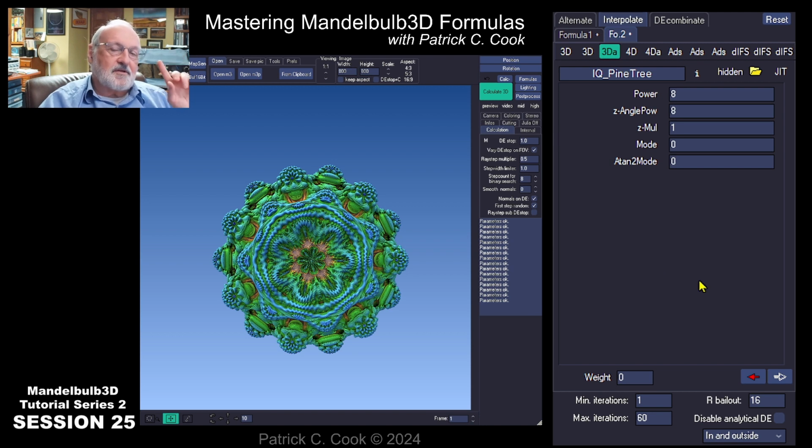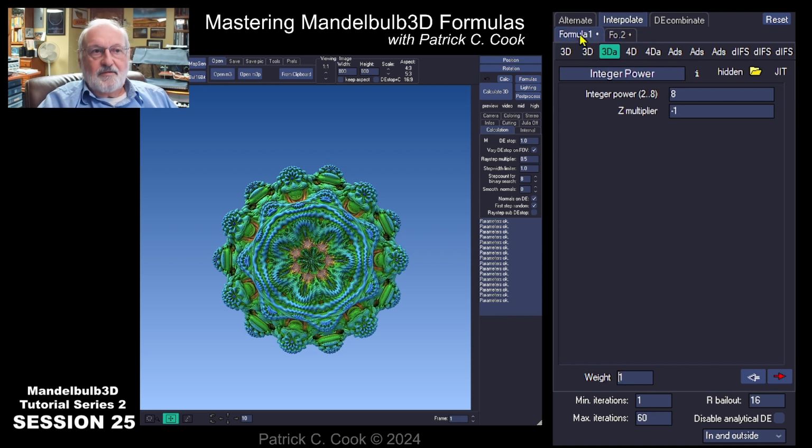Because there's another value that we need to pay attention to, and it's called weight. And here it is down here. The weight of formula number 2 is 0. The weight of formula number 1 is 1.